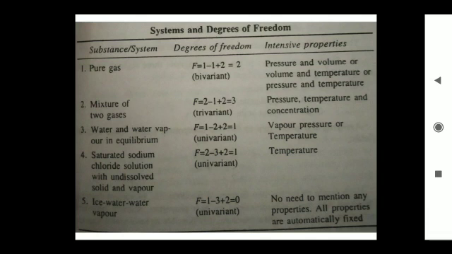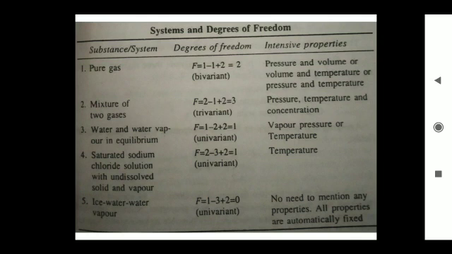For a pure gas system, the degrees of freedom is 2. The number of components for the gas is 1 and the number of phases is 1. It depends on pressure and volume intensive properties, so this is bivariant.